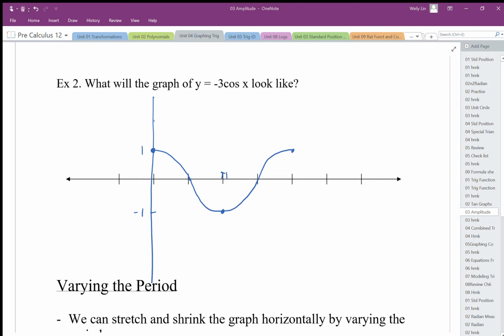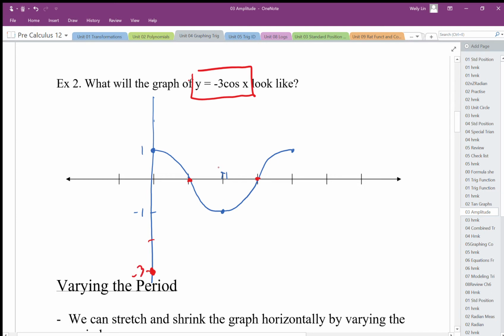If I'm going to graph my vertical expansion of 3 with a flip, it won't affect my zeros, the middle of the graph. Okay, that's not going to affect the middle of the graph, but it'll affect the vertices. So this +1 vertex ends up at -3.